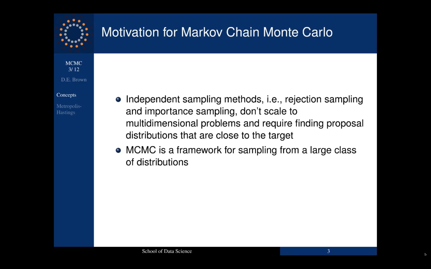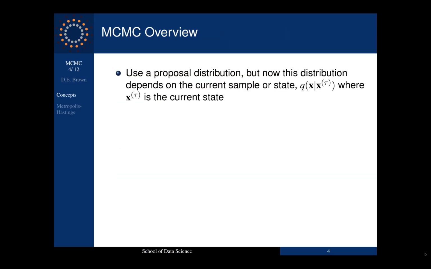And it's a fantastic framework for sampling from a large class of problems in the real world, difficult problems to solve ordinarily, but MCMC does a very good job. It scales well to the dimensionality of the sample space, and in the next class we'll see how that works. But for now, let's take a look at the basic idea behind Markov chain Monte Carlo.